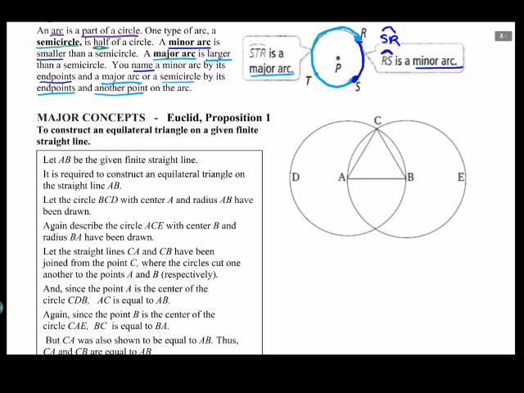So we need to denote which direction we're going, and because it's a major arc, we say that we are going from S to R, but this time we're going through point T. So if you're naming a major arc or a semicircle, make sure you use 3 letters when you name your arc.